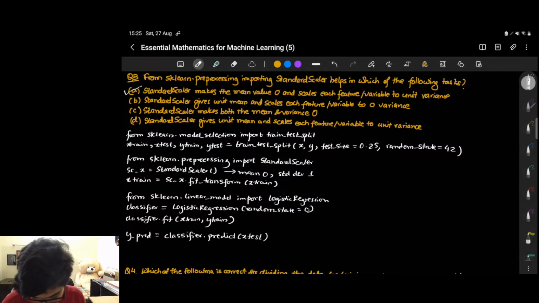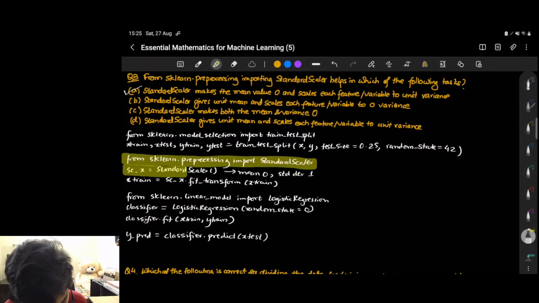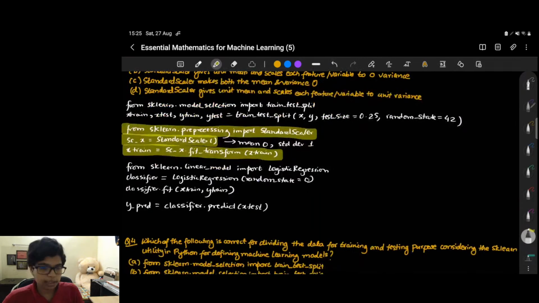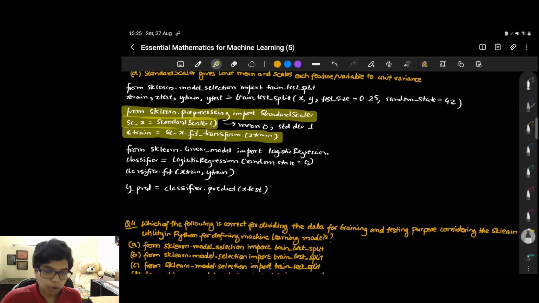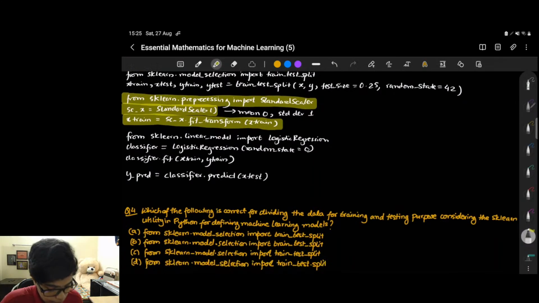So the important lines which are governing standard scalar are these three lines. This is how you would implement the standard scalar to transform your data and to shift your data with mean 0 and standard deviation 1.